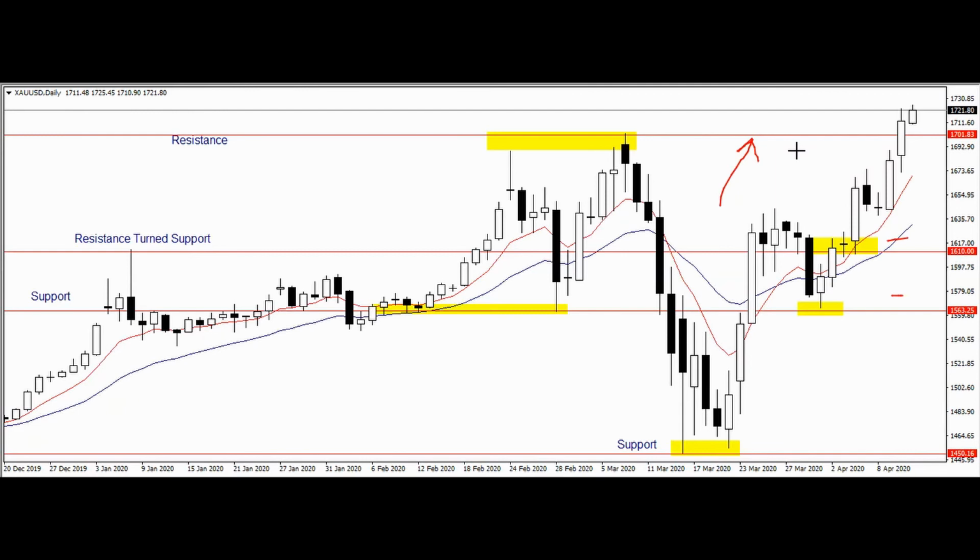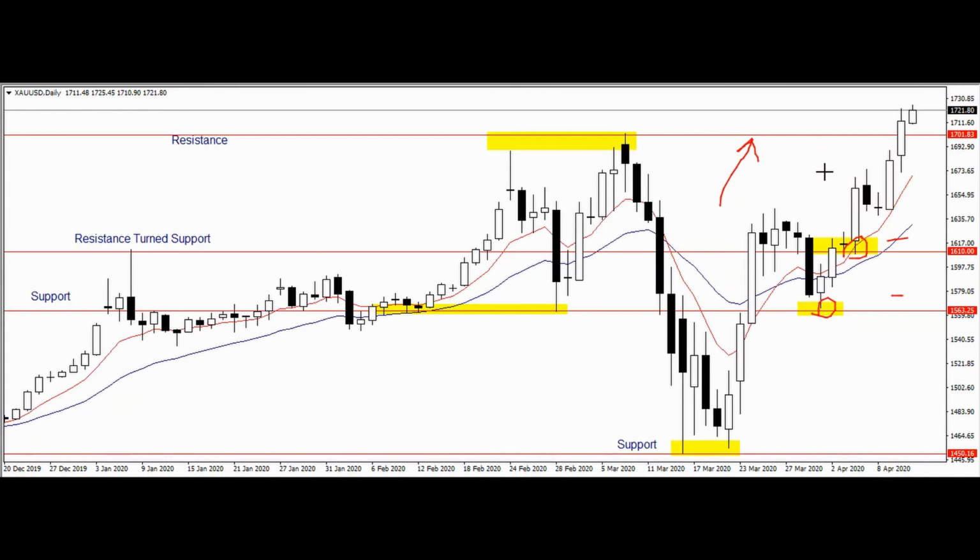Preferably we go long around this resistance turned support area, 1610 or this 1563. Having said that, if we do get a signal in line with the current uptrend in the absence of a pullback, then I'll be keeping an eye out for that, and we'll target higher prices based upon the monthly time frame, but that's yet to be seen.